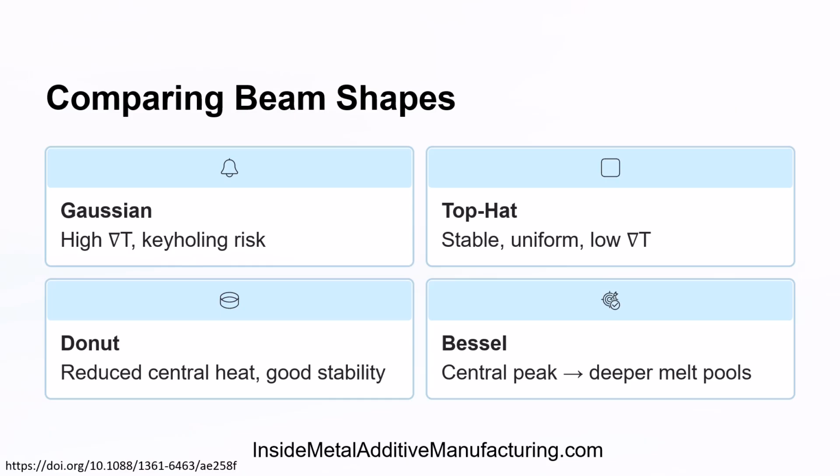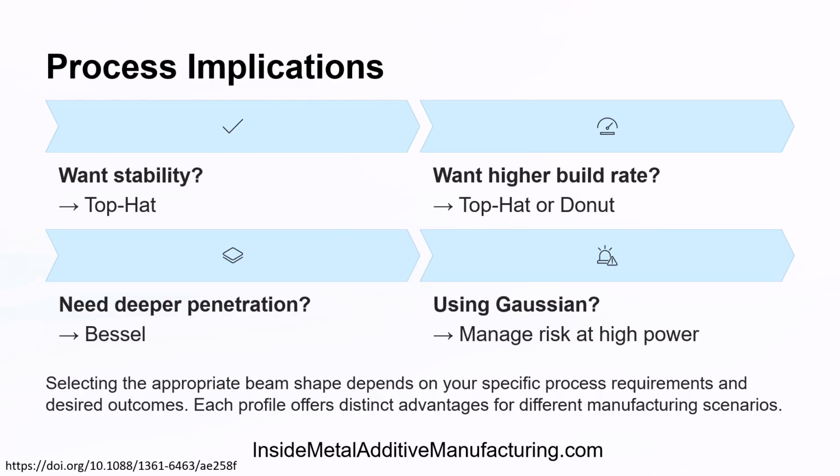Bessel beams enable deeper penetration under appropriate conditions, but their effectiveness depends strongly on scan speed and interaction time. Understanding these characteristics allows engineers to select beam shapes based on process objectives rather than treating optics as a fixed constraint. From a practical standpoint, beam shaping becomes a decision tool rather than an abstract concept.